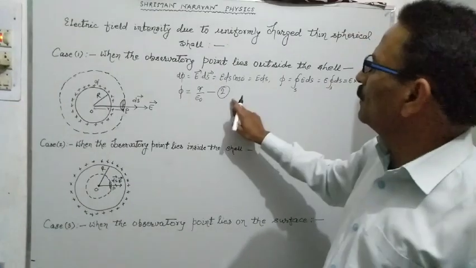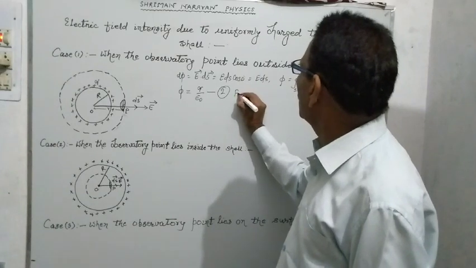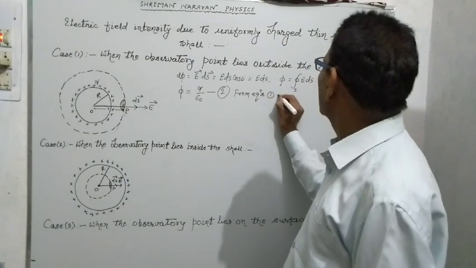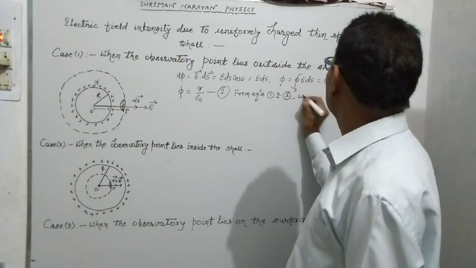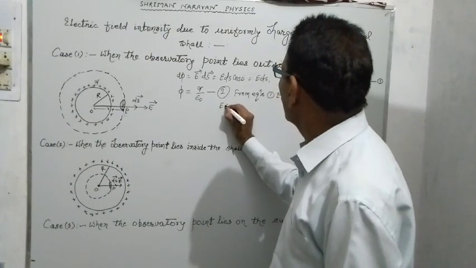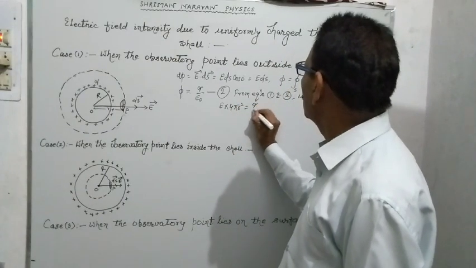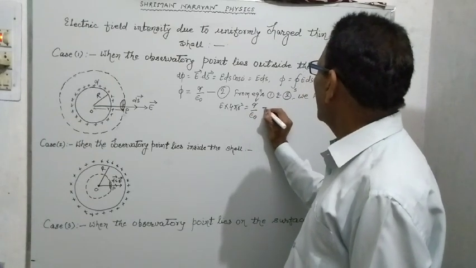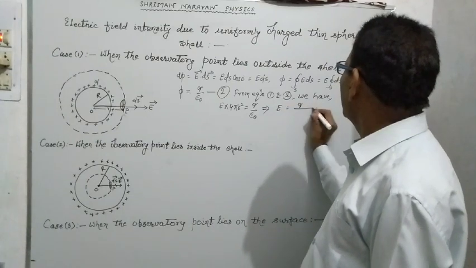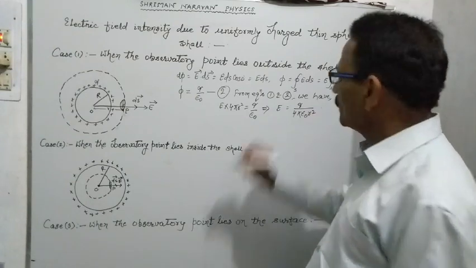Now from equations 1 and 2 we have E into 4 pi r squared equal to q by epsilon naught, and from here we can write E equals q divided by 4 pi epsilon naught r squared.